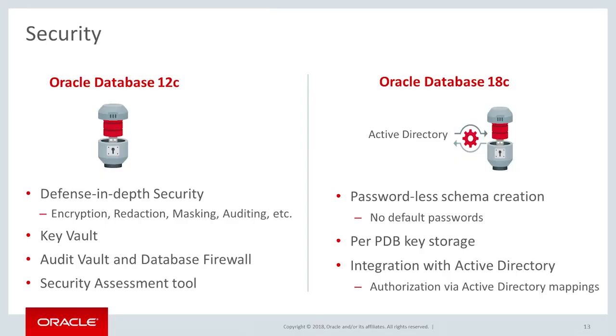So, for example, if we look back at the multi-tenant architecture, we've now introduced key storage at the PDB level. So instead of storing our keys at the container database level, we can now store individual keys at pluggable database level. This enhances the security and separation of data between multiple pluggable databases in a container database.